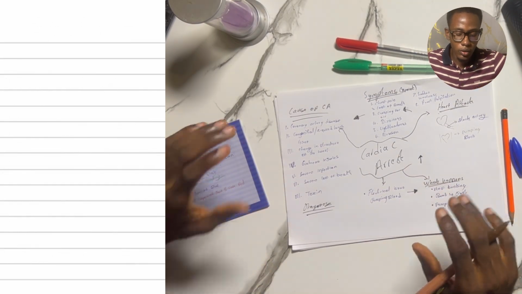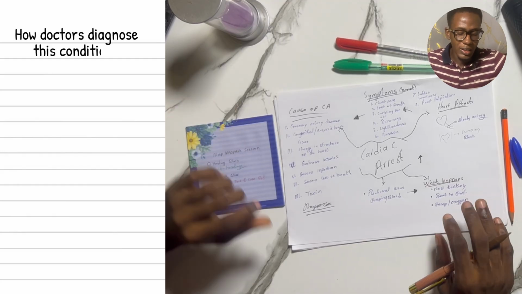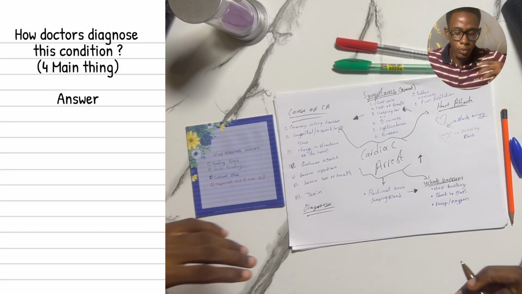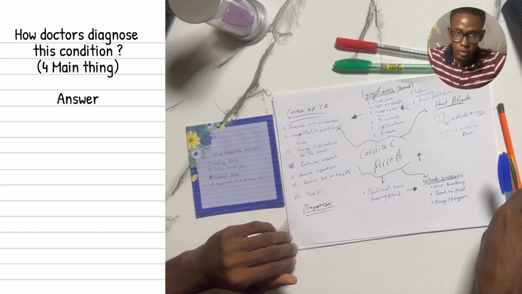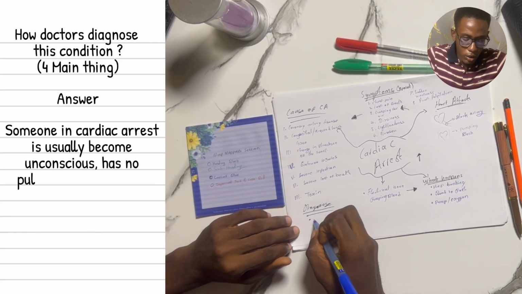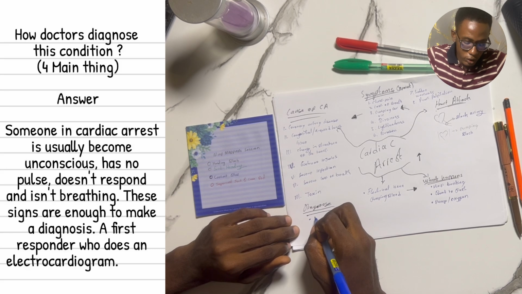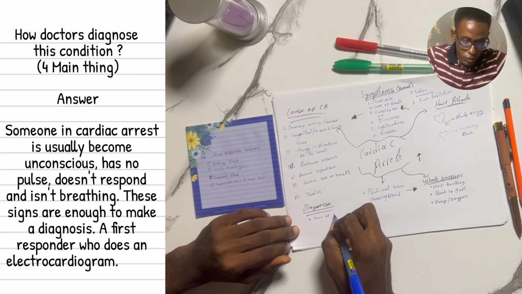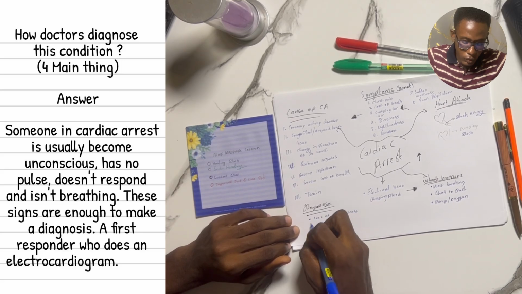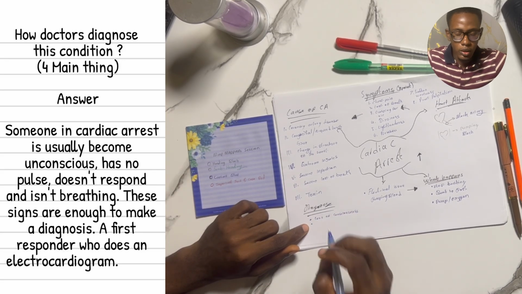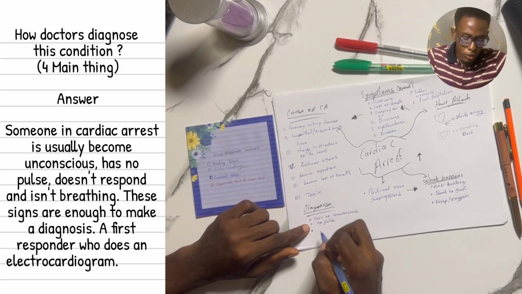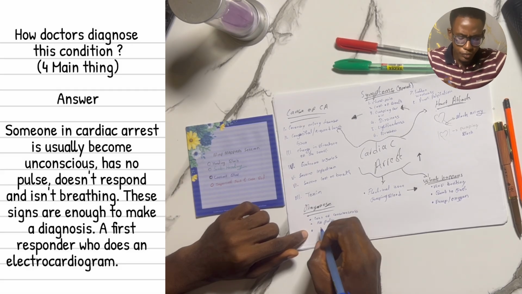How do doctors diagnose this condition? So cardiac arrest is sudden. It happens suddenly, so there's not much time to actually diagnose the condition. But four main things happen during a cardiac arrest. Firstly, there's loss of consciousness. Secondly, no pulse.